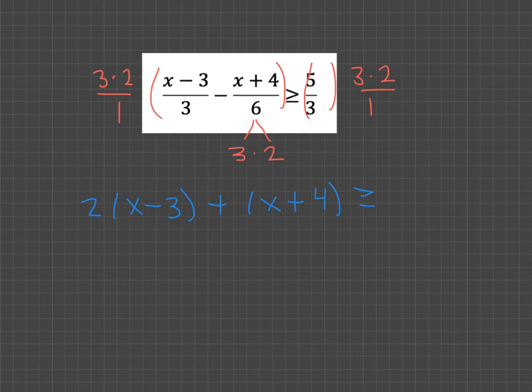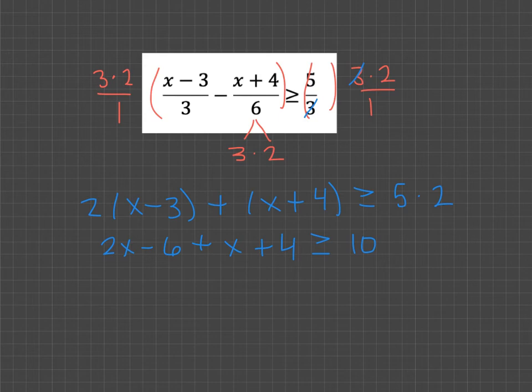And so then that's greater than, the 3 cancels over here on the right, and we've got 5 times 2. Okay, we have a little bit of distributing to do, so 2 times x, we get 2x, 2 times negative 3, we get negative 6, and then plus x plus 4, greater than or equal to 5 times 2, which is 10. So let's combine things here.